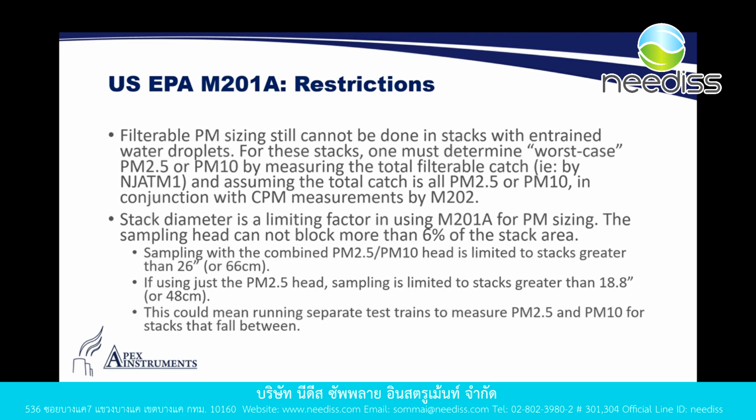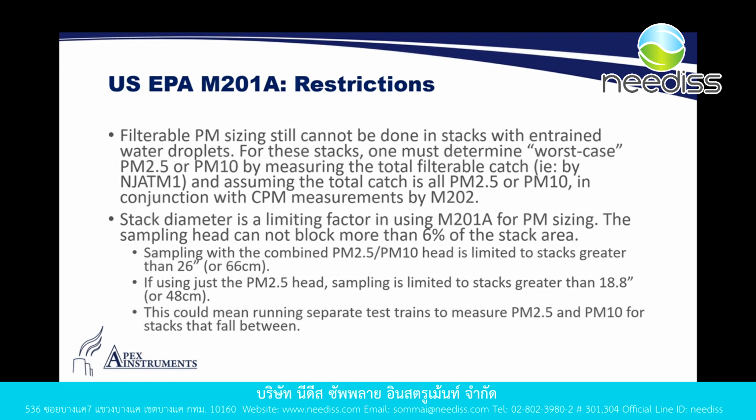For these stacks, what the EPA recommends is you do what is considered a worst case PM10 or 2.5 measurement by measuring the total filterable capture by some other method.